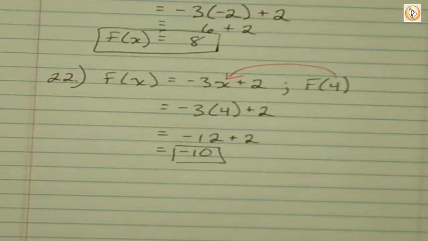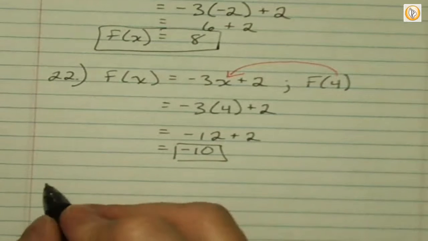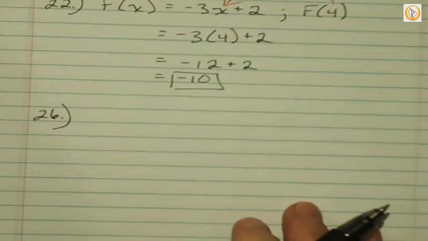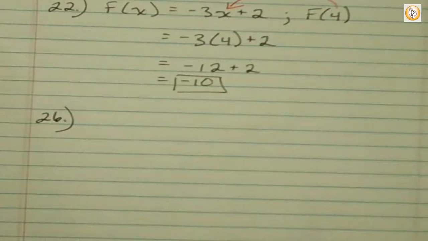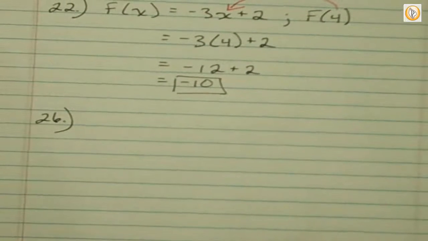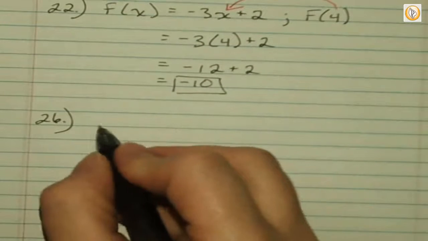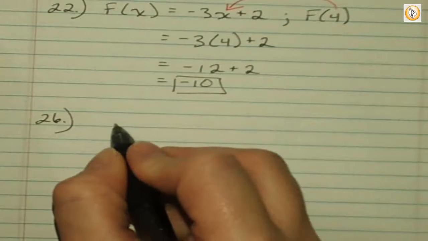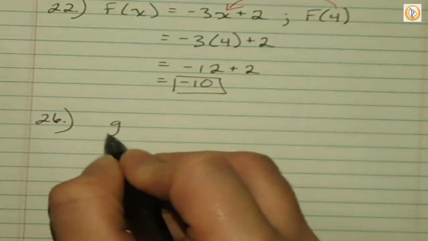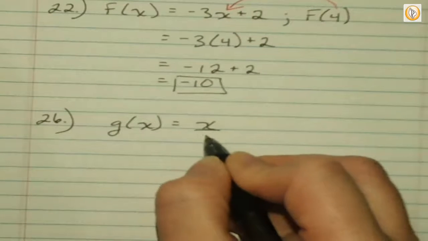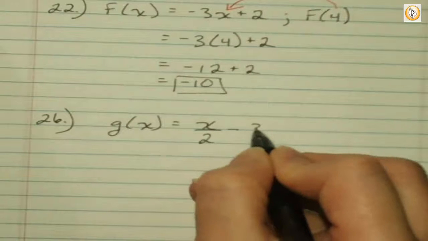So y'all understand this? All right, let's look at 26. Let's see. Emily, what do the directions say? G of x equals x over 2 minus 3.